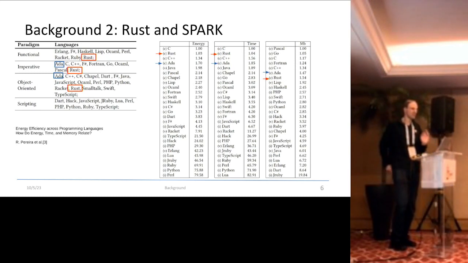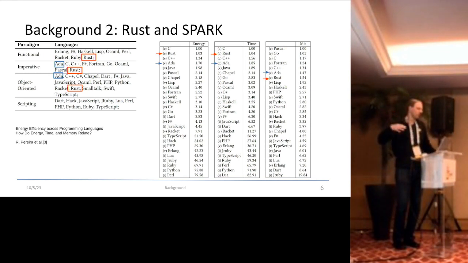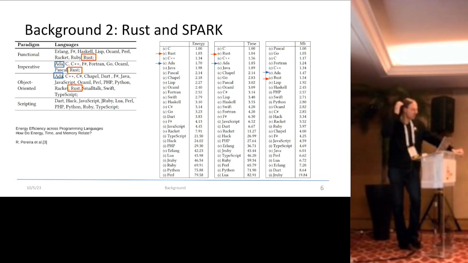Yes, so it's not only that they are the most efficient languages. They also combine a lot of paradigms that are popular. They're both object-oriented and therefore also imperative, and Rust is also functional.